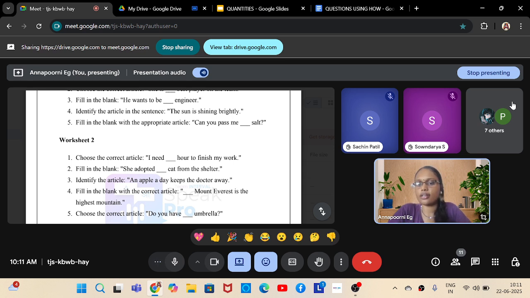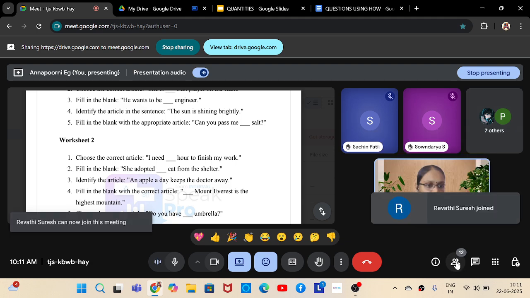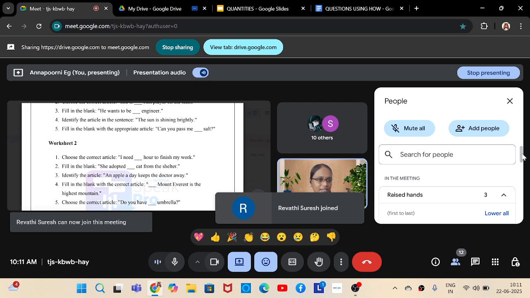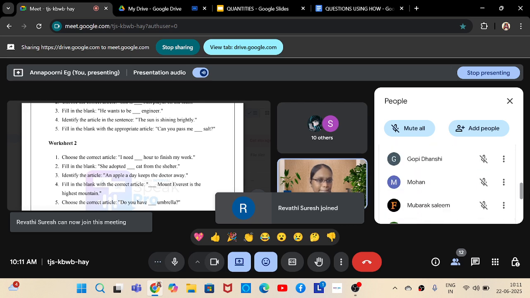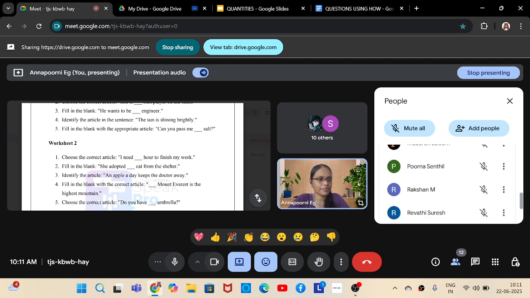Choose the correct article. Do you have dash umbrella? Let me ask this question to someone new. Akshaya, are you there? Yes, Mohan has joined. Akshaya, can you answer the fifth question? Do you have dash umbrella?